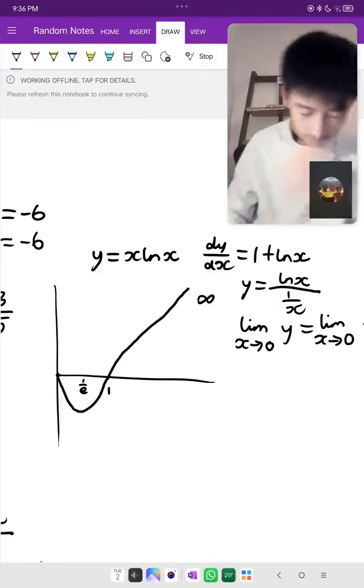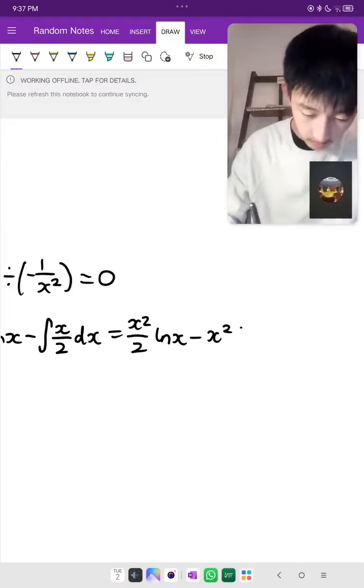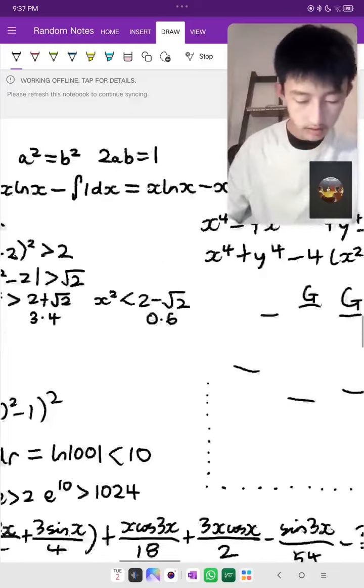The integral of x squared over 2 over x, so x over 2 dx. So it's x squared over 2 ln x minus x squared over 4 plus c.